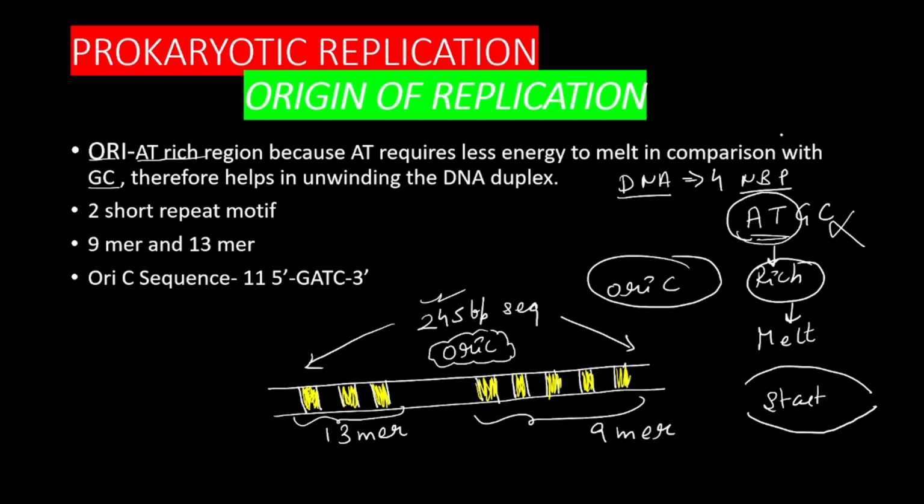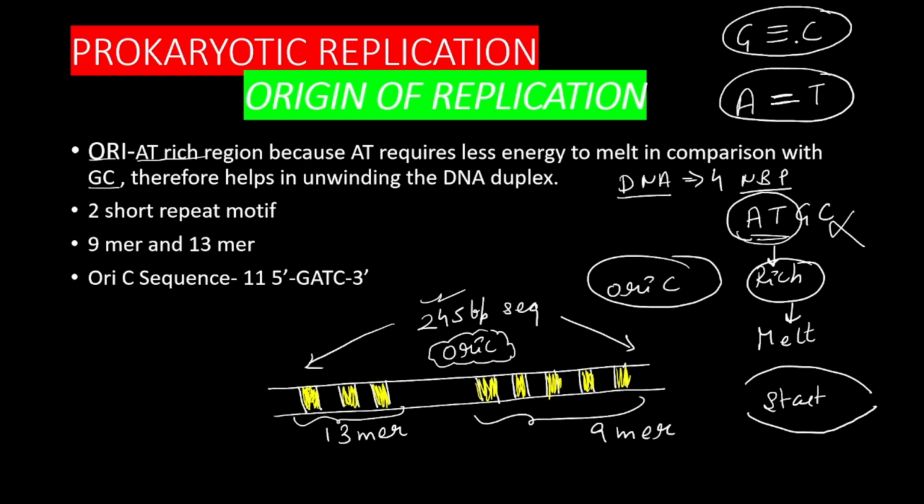And why does it happen? Because A and T form a double bond, and a double bond is easy to break. Whereas in the case of G and C, guanine and cytosine, there are triple bonds which are very difficult to break.